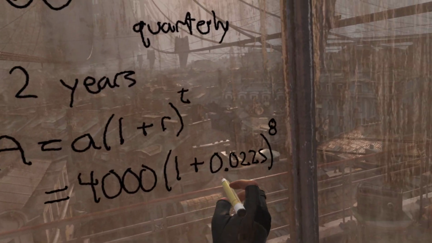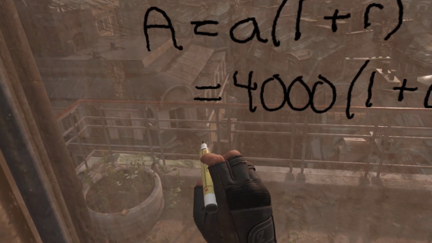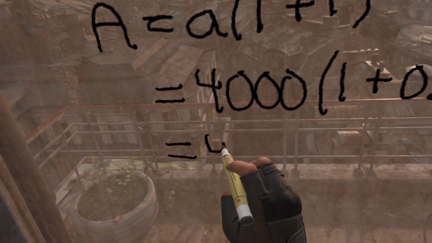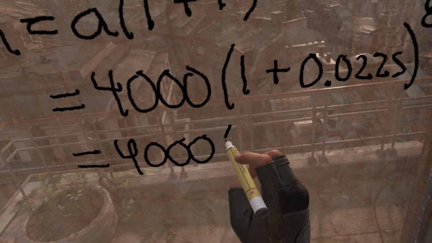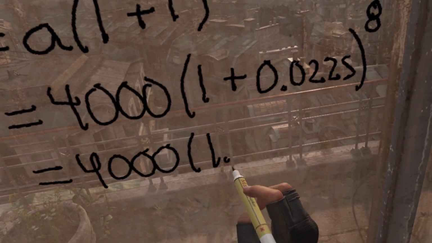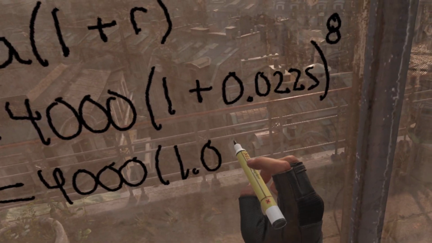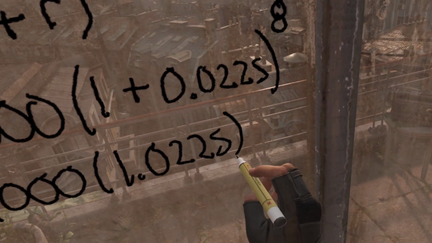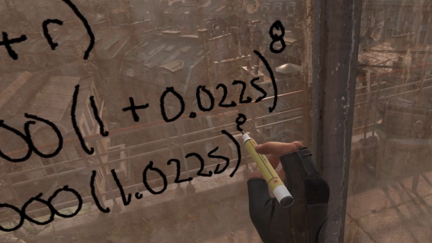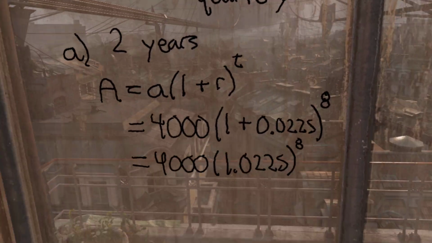So our first step is, we can obviously put that together. So let's do one more step here. 4,000 times 1.0225 raised to the 8th power.